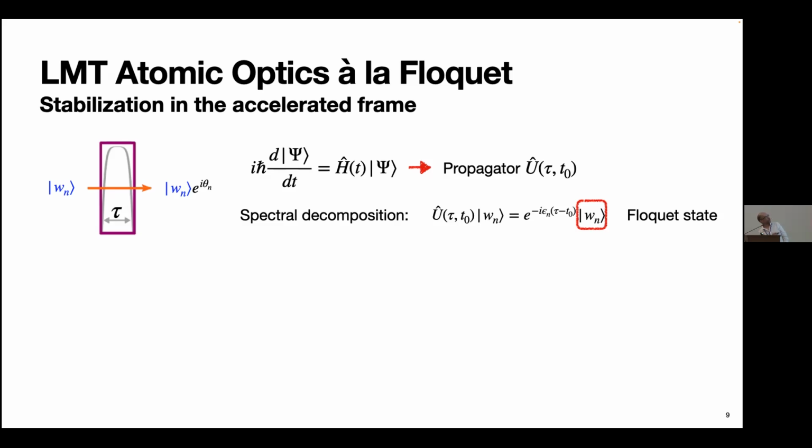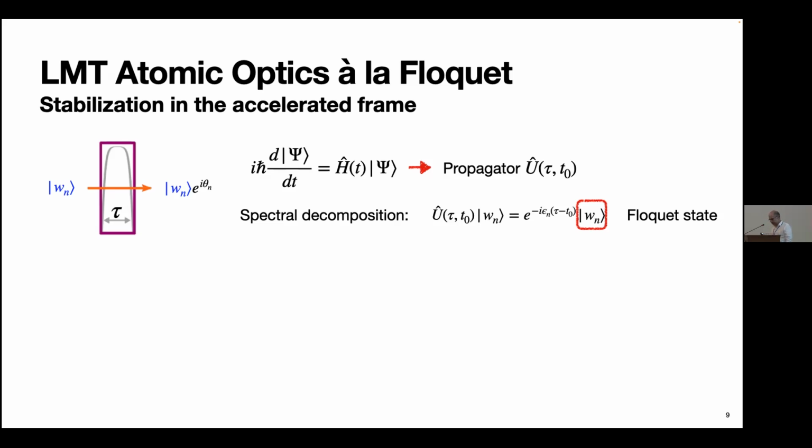So if you propagate the wave function through the pulse, you end up with a propagator. And if you diagonalize this propagator, you can find the eigenstates, which are the Floquet states. By definition, if you can prepare a Floquet state, Wn here, you end up after your pulse with the same Floquet state up to a global phase factor.